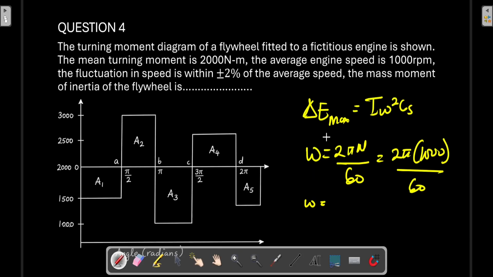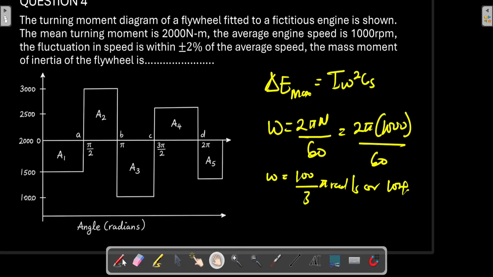So we have 2 pi multiplying 1000 divided by 60. So we have 100 over 3 pi radian per second, or in decimal, 104.719 radian per second. That is it. So we have the mean speed in radian per second.